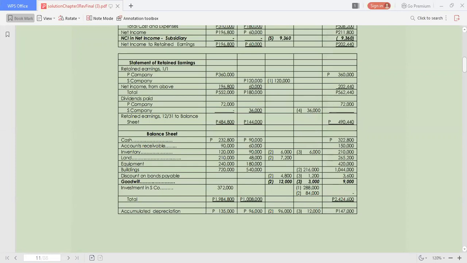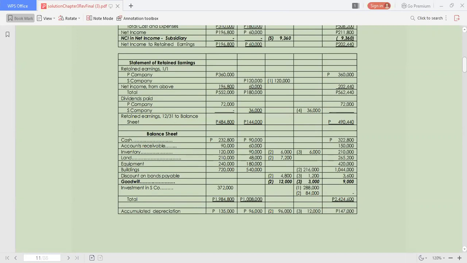Then we have to deduct the dividends paid by the parent of 72,000, giving us the difference of 490,400. We have now eliminated S company for the dividends paid.